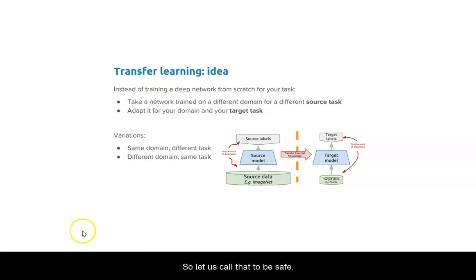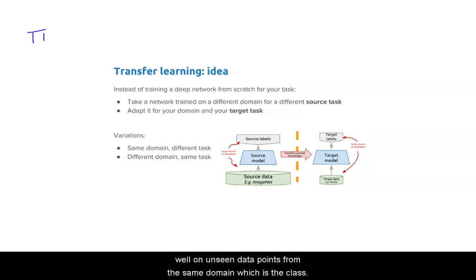So let us call that, say, task T1. Now, given this data set for this task T1, we can train a model and tune it to perform well or generalize well on unseen data points from the same domain, which is the classroom.